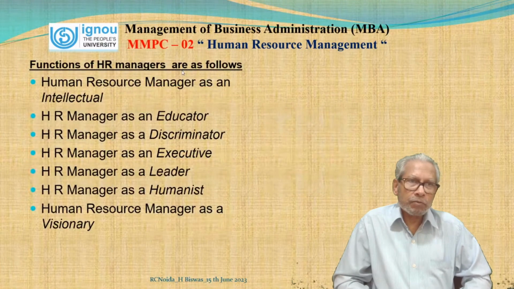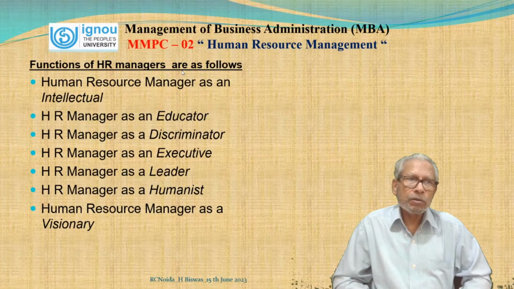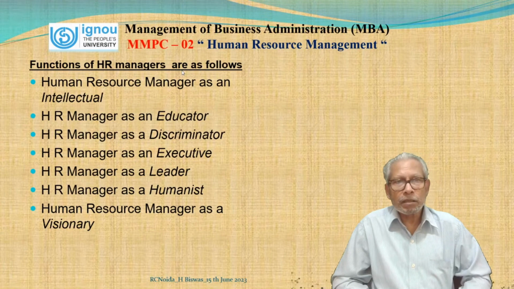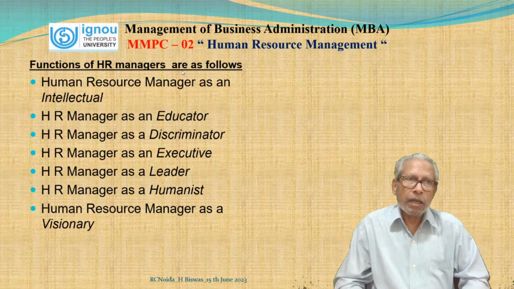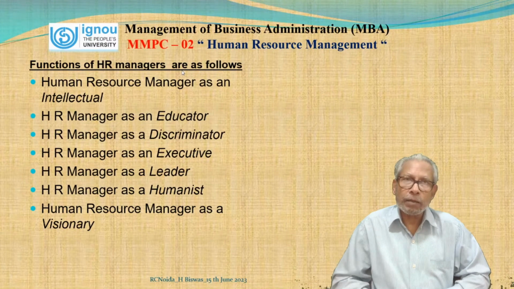Then the functions of the HR managers are as follows: the human resource manager as an intellectual, as an educator, discriminator, executive, leader, humanistic. These are all what the HR manager should have.